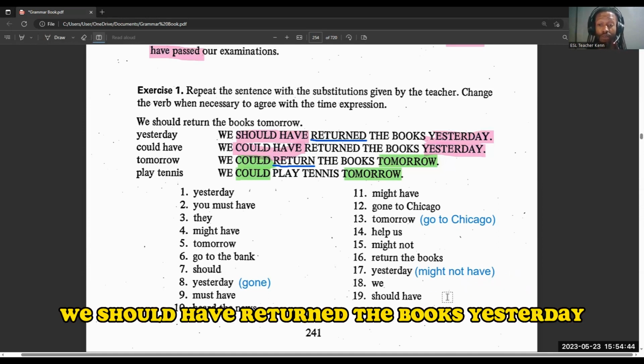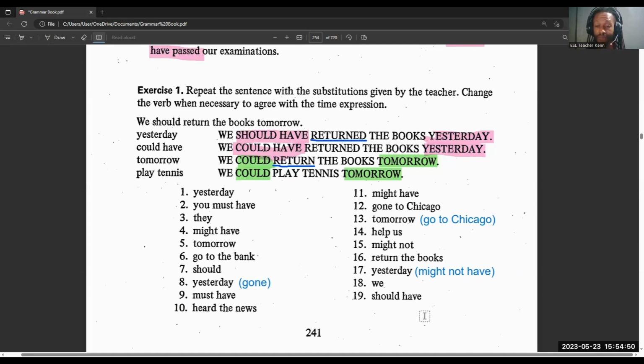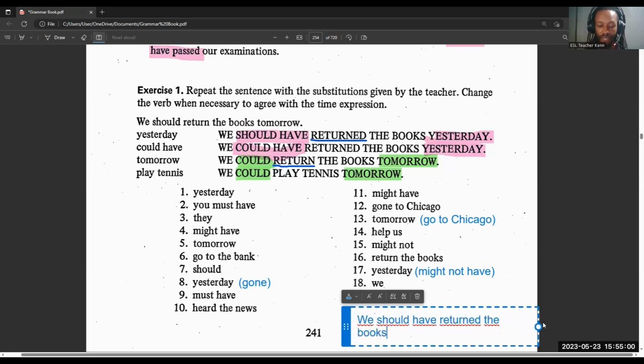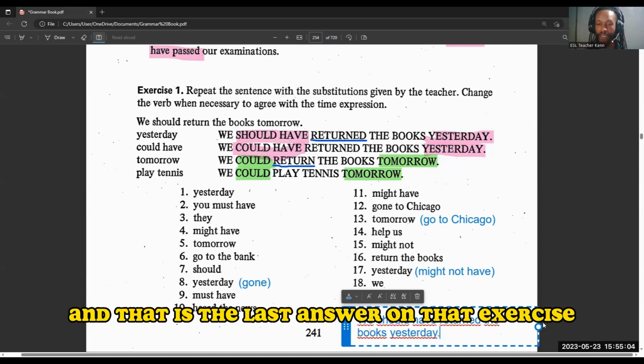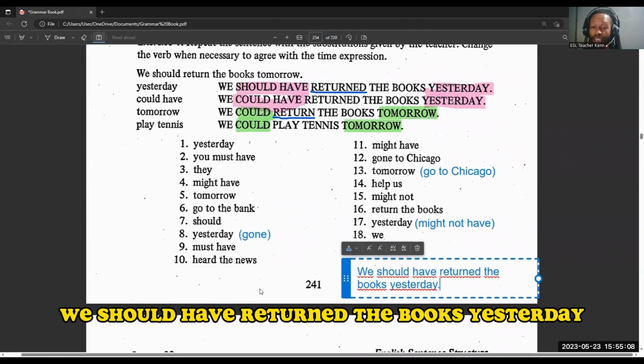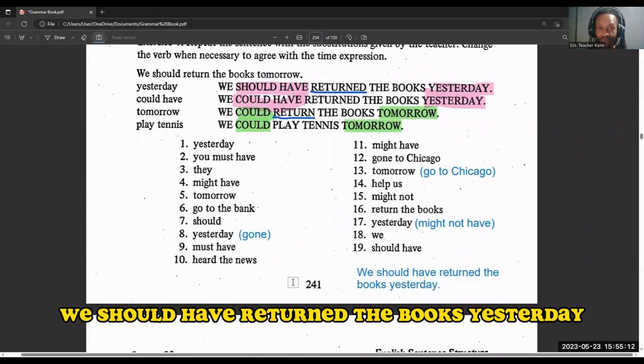We should have returned the books yesterday. Okay. And that is the last answer on that exercise. We should have returned the books yesterday.